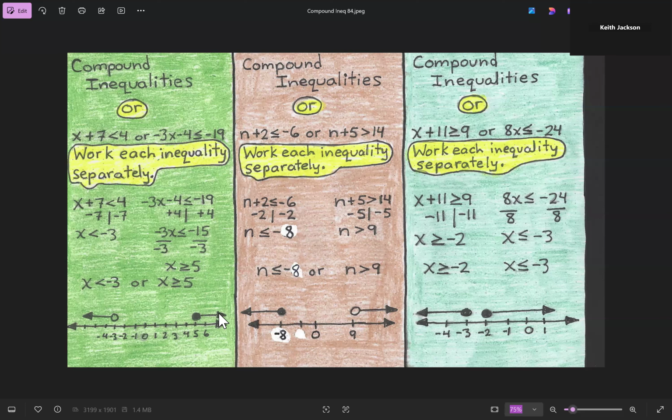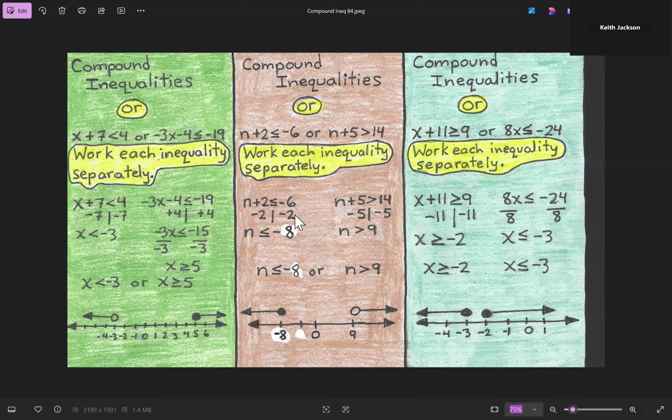Okay, let's move on to the second big example, in which we have n plus 2 is less than or equal to negative 6, or n plus 5 is greater than 14. Keeping in mind that we better work out each inequality separately. And so let's work out this one first, in which we have n plus 2 is less than or equal to negative 6.